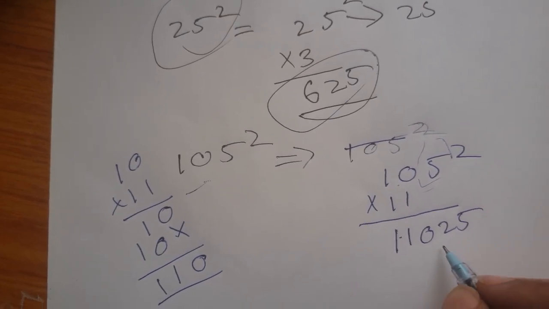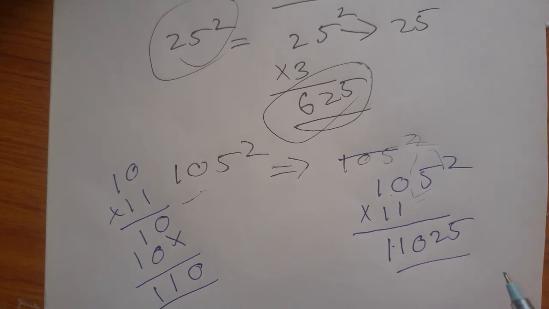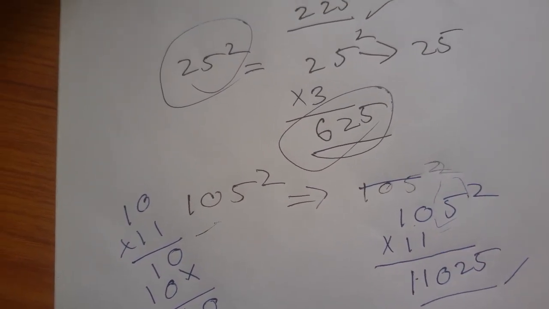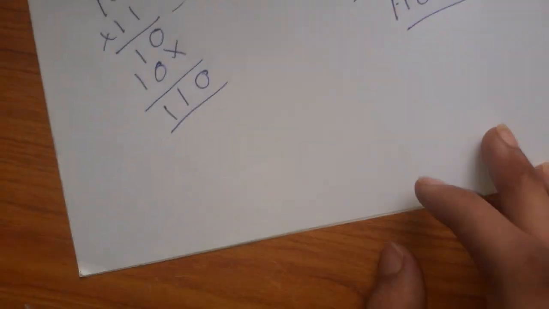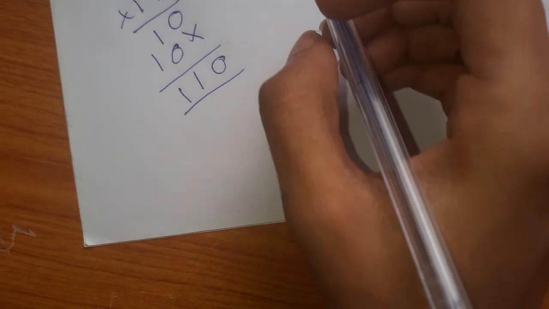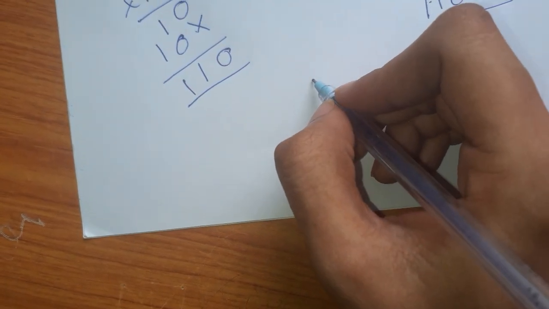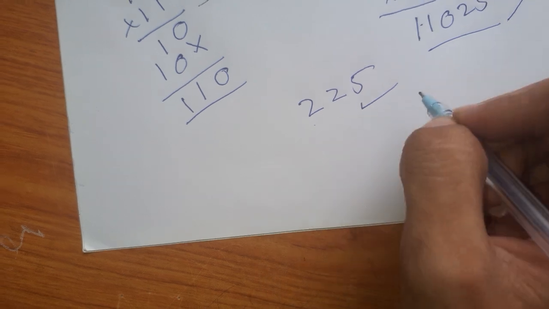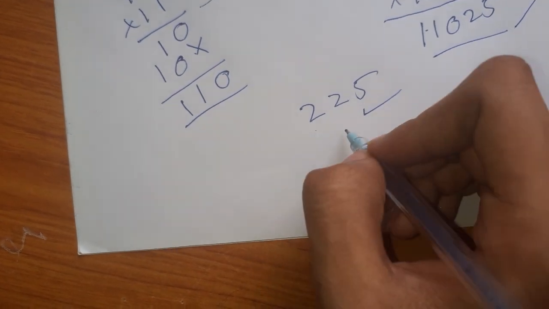We are getting 11025. This is the square value of 105. Now you tell me what is the square value of 225. Try it on your own and tell me the answer in the comment box.